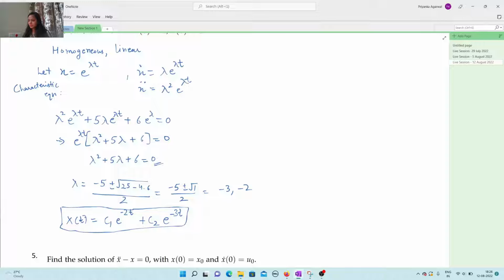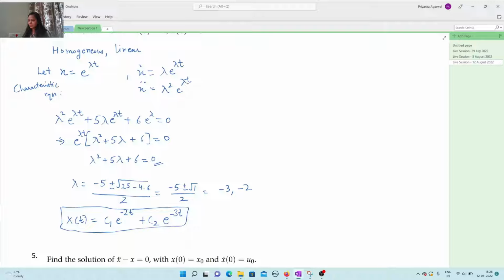Okay, so the initial condition says x of 0 is equal to 2. So this will be 2 equals to c1 plus c2. This is one equation which we get.